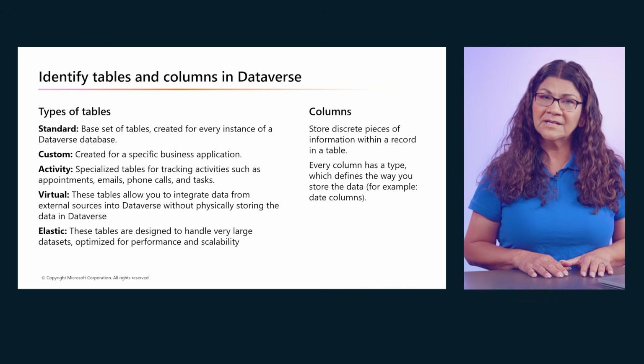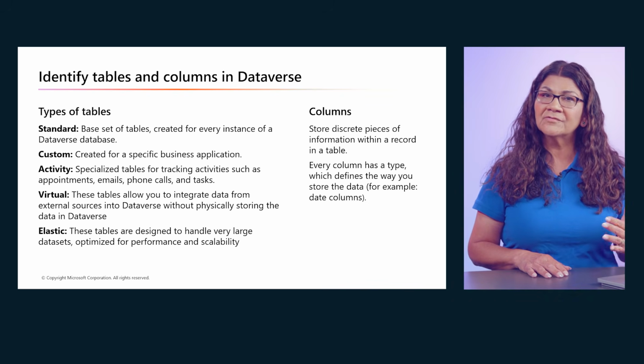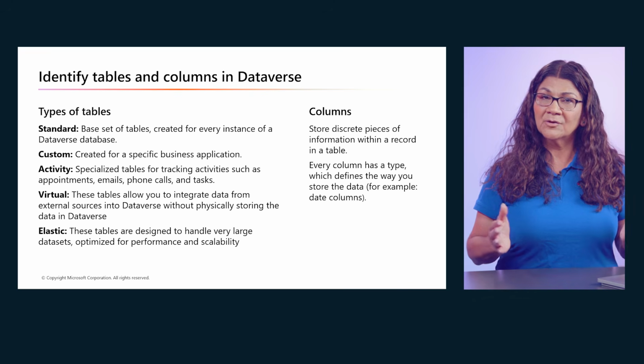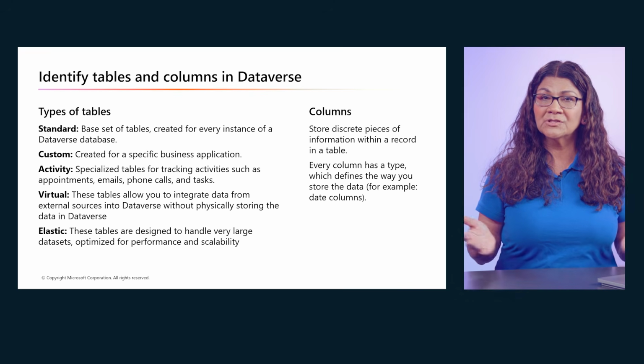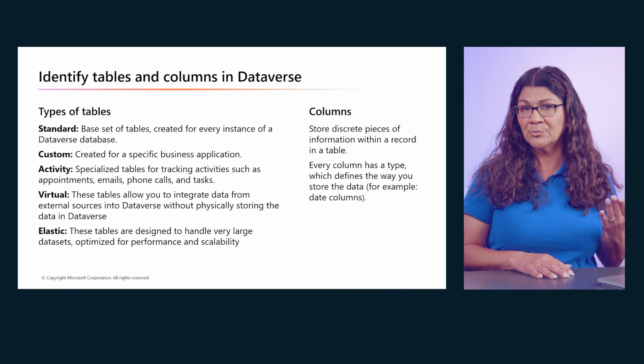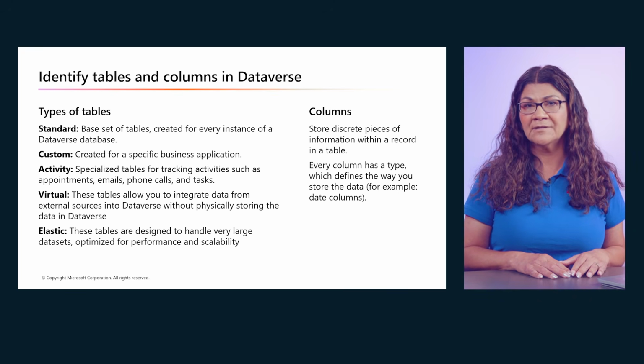Custom tables, on the other hand, allow organizations to define their own data structures tailored to unique business needs. A logistics company might create a custom shipment table to track delivery statuses and carrier details, enabling more precise operational oversight.